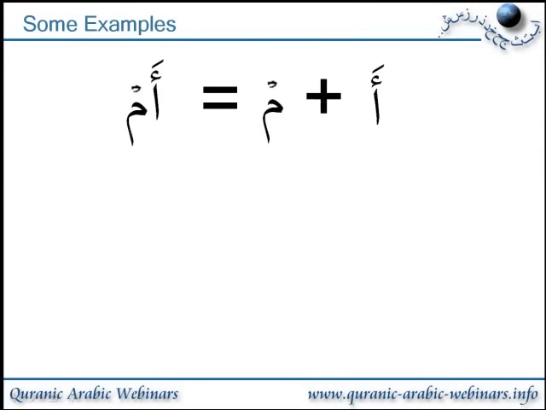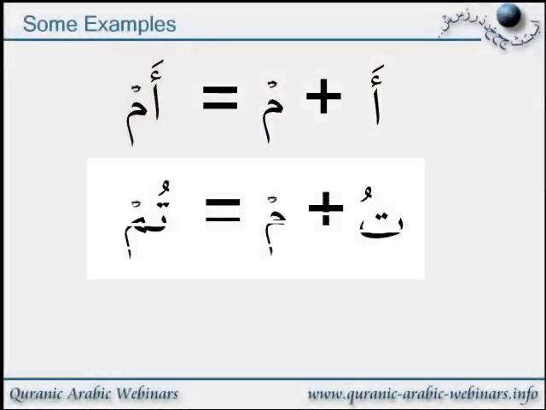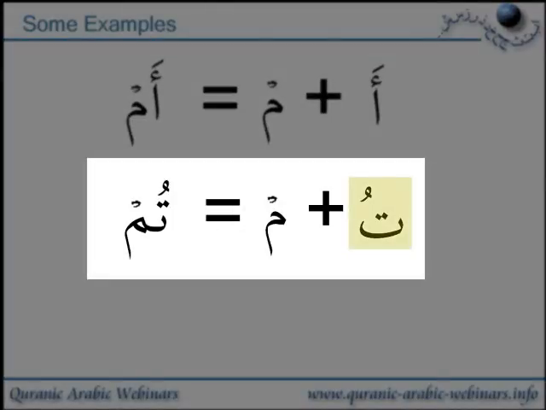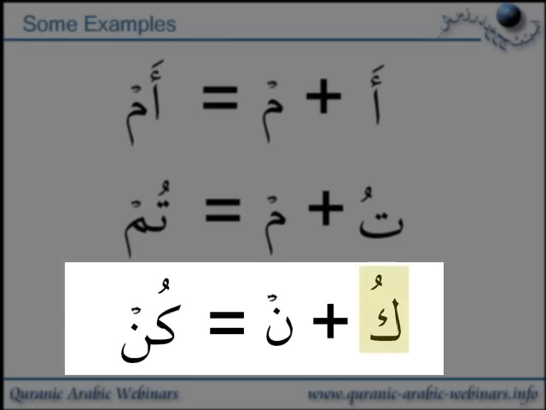Let's look at some more examples. Here we have a plus the meem sakin, so we get the sound of am. Here we have tu with the meem sakin giving the sound of tum. And here we have ku with noon sakin giving the sound of kun.